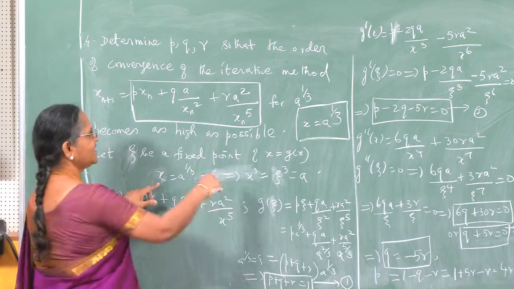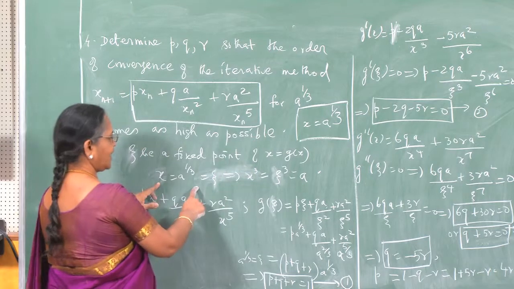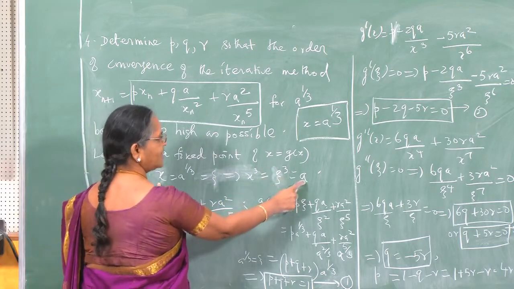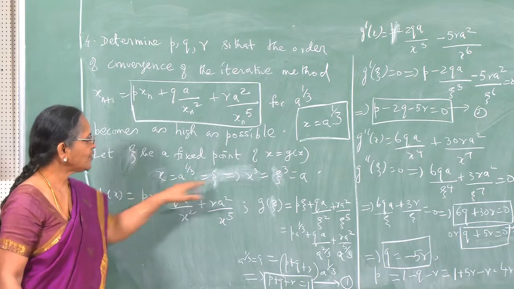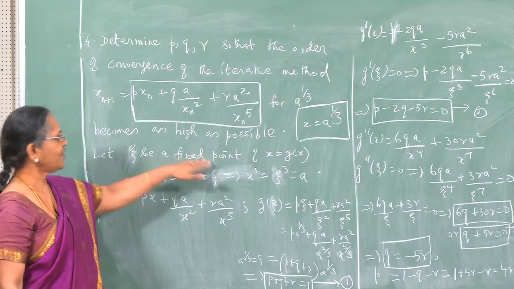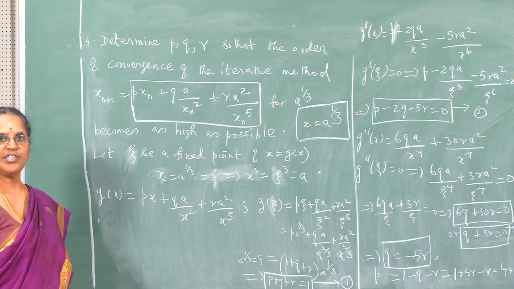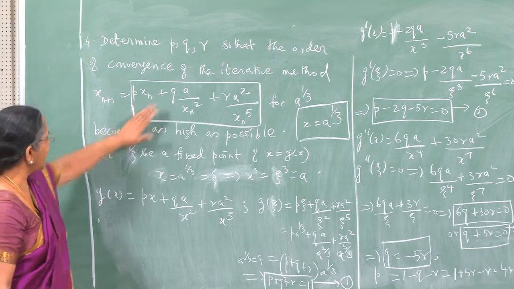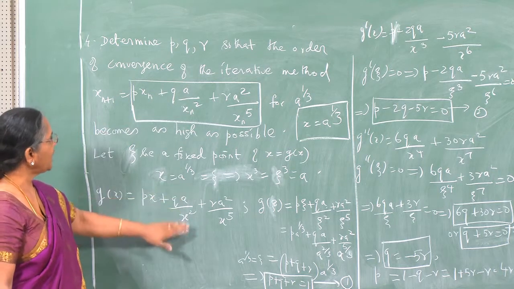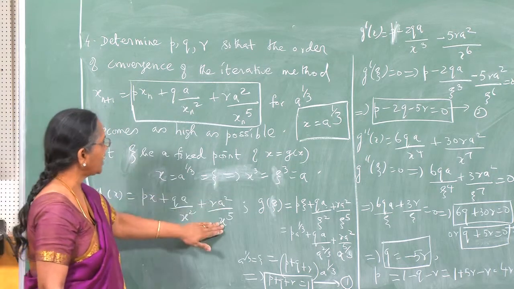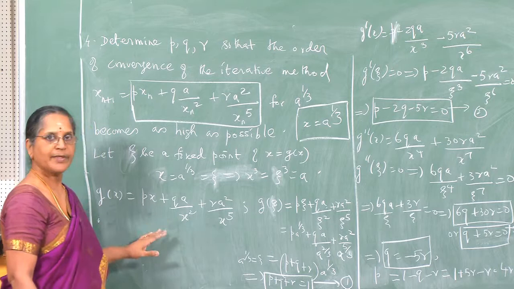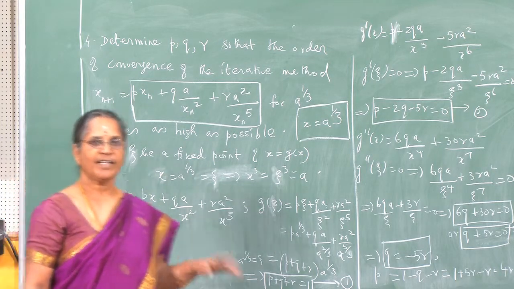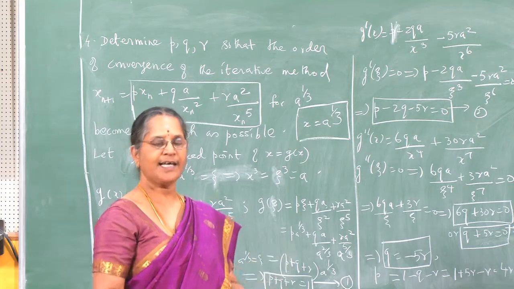What is x? X is a power 1 by 3 and that is psi. So, x cubed will be psi cubed and that is a. So, we will make use of that because psi is a fixed point for x is equal to g of x. What is g of x? It is the right hand side, p x plus q a by x square plus r a square by x to the power of 5. So, what are the conditions? We should now see whether g of psi is psi.